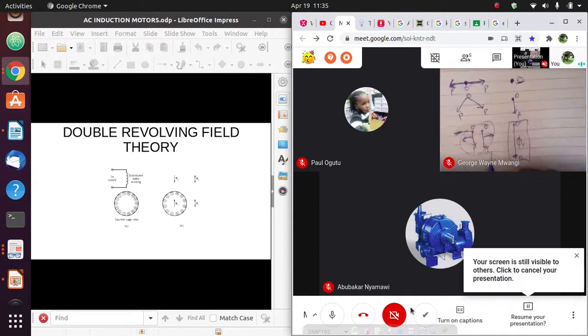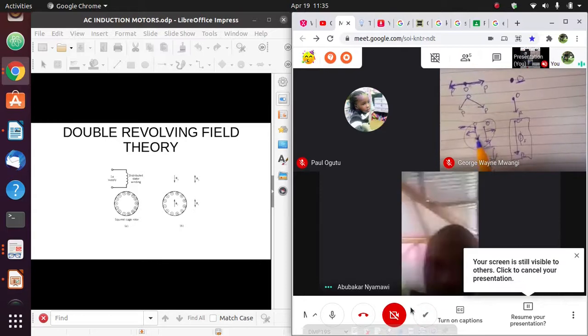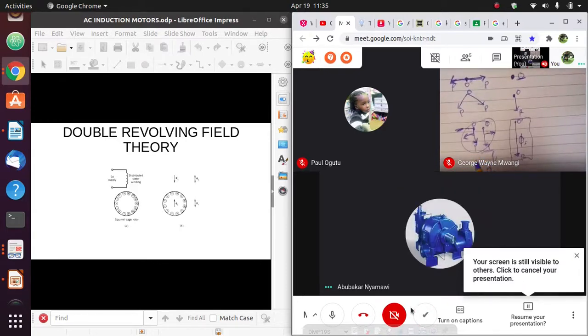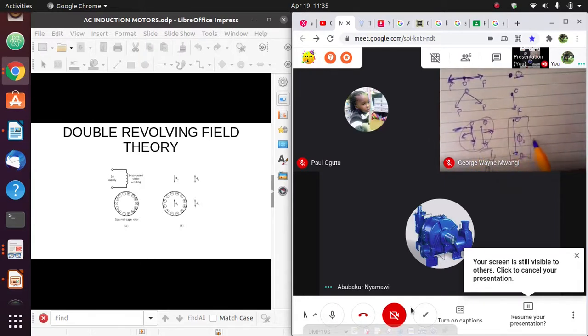Up to that point where these vectors have completely rotated, you'll find that the vector sum of these two rotating vectors will be twice their value, but now in the opposite direction.